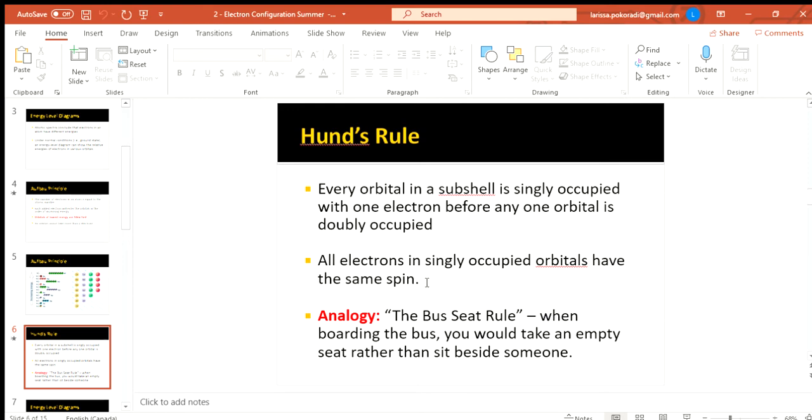Remember we had that plus half and minus half at the end of the last PowerPoint? They would all pretty much be plus halves. And then when we start double occupying, they would switch spin directions, and we'd start adding those minus halves. So that's what Hund's rule is, pretty much called the bus seat rule most of the time.